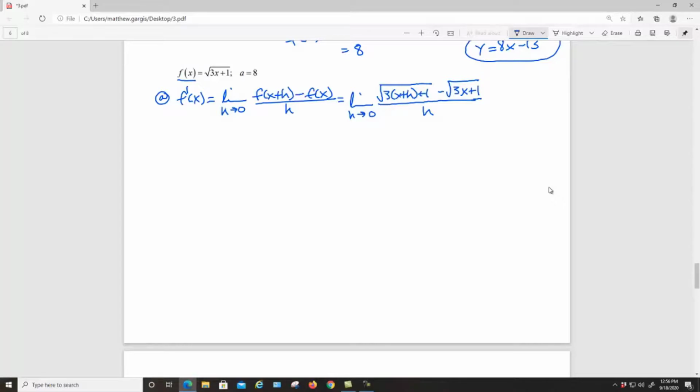Okay. Well, here we've got a limit with radicals in it. So what we do normally, multiply the top and bottom by its conjugate. So I would say we'll multiply the top and bottom by the same thing, except I'm going to change the sign in the middle to a plus over itself.